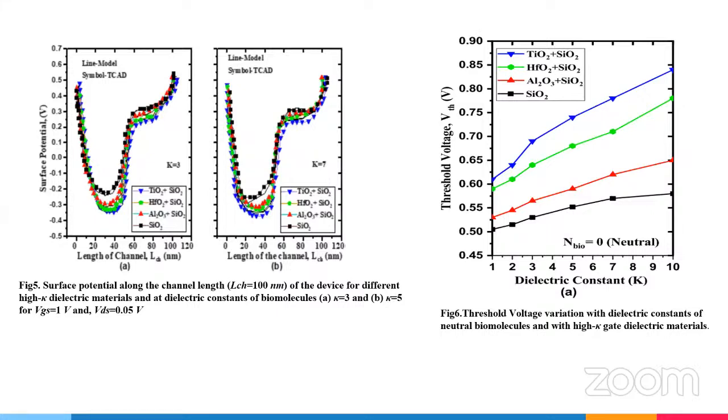This depicts that the requirement of a higher gate voltage to deplete the channel will increase, which causes an increase in VTH. As you can see, with the higher dielectric, there is a decrease in central channel potential, which leads to a higher demand of threshold voltage.